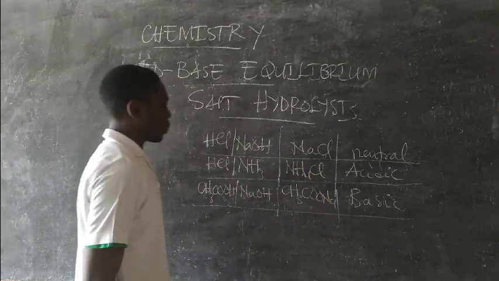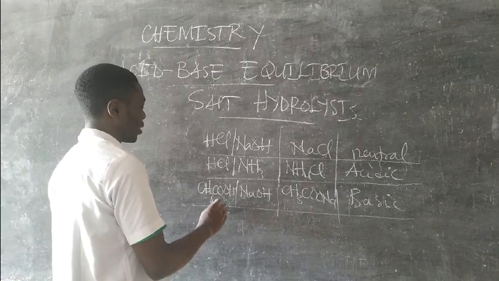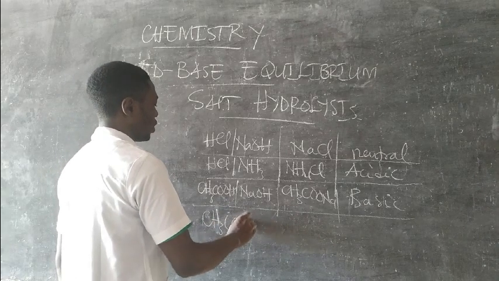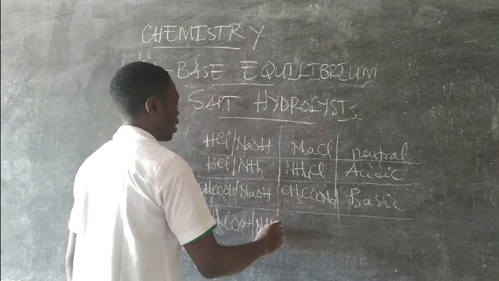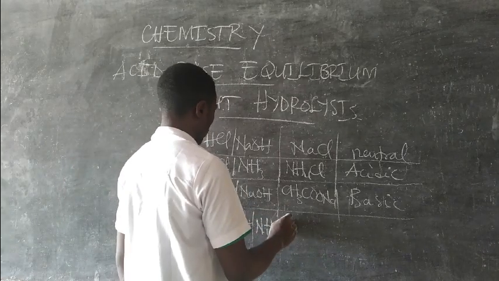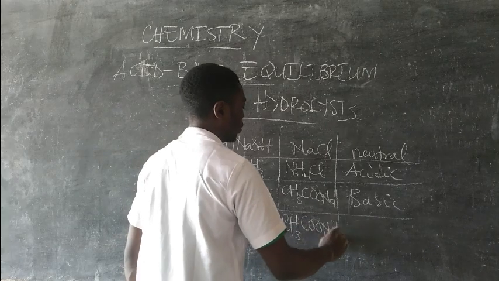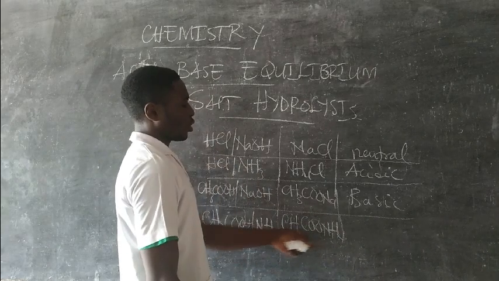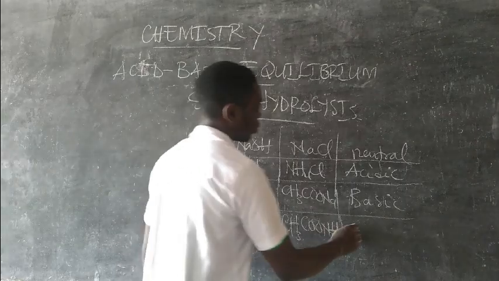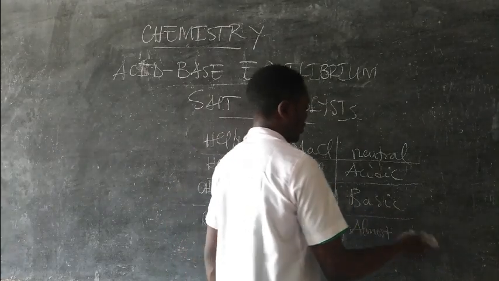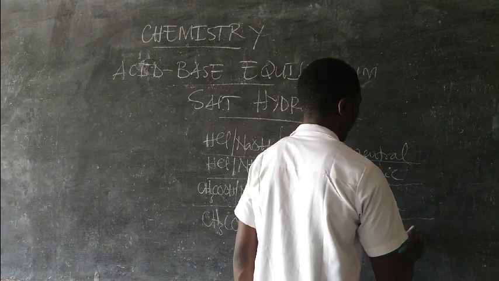And then the last case is when you have a weak acid, CH3COOH, and a weak base, ammonia. You're going to have something like ammonium ethanoate, CH3COONH4. This solution will be almost neutral.